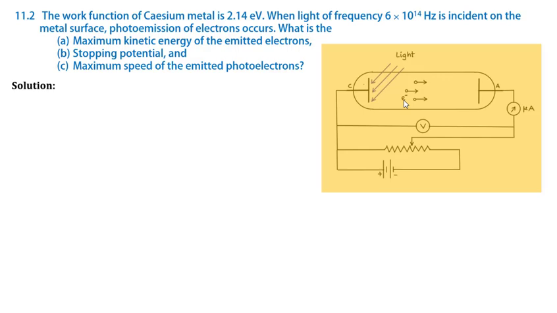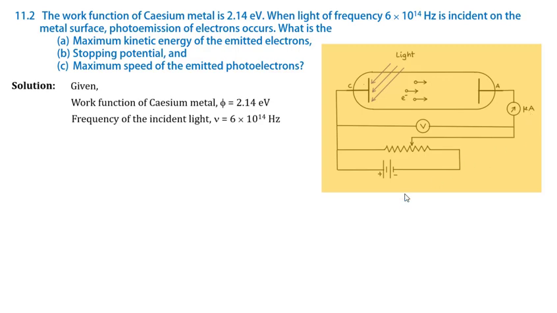These electrons are of variable kinetic energy, so they move from this electrode and eventually reach this electrode. They establish a connection, thereby closing this circuit, as a result of which a current is recorded in this microammeter.